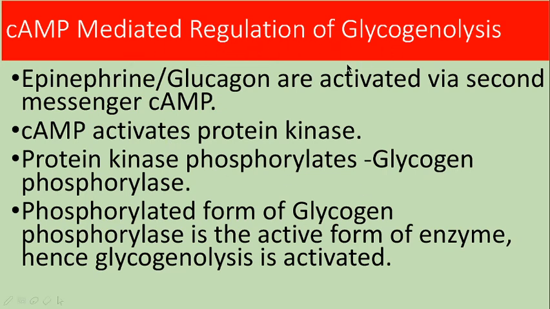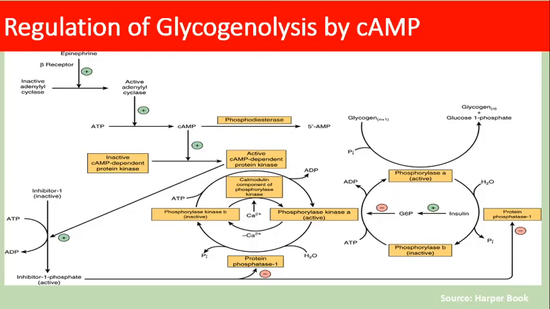cAMP mediated regulation of glycogenolysis. Epinephrine and glucagon act via the second messenger cAMP. cAMP activates the enzyme protein kinase. Protein kinase will phosphorylate the glycogen phosphorylase. The phosphorylated form of glycogen phosphorylase is the active form of the enzyme. Hence glycogenolysis will be activated. So this is the main pathway. Okay.